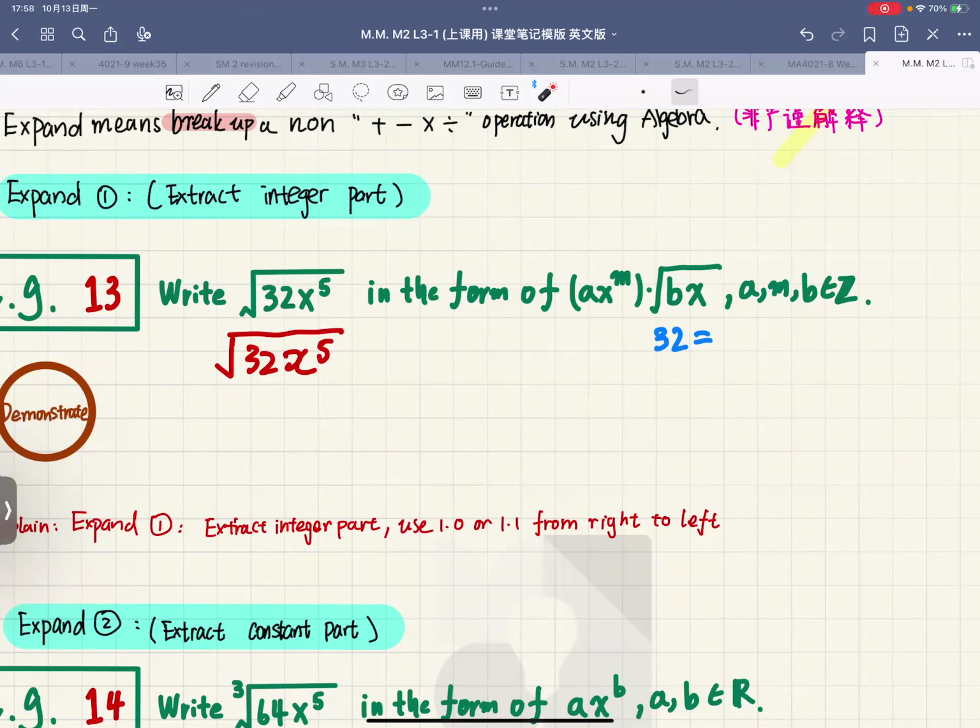Okay. 32 we break up as 16 times 2. Okay. x to the power of 5. We need to break it up, and for the square root, we need to break this up into 2 terms, where the square root of one term is equal to x to the power of something. How can we break it up?